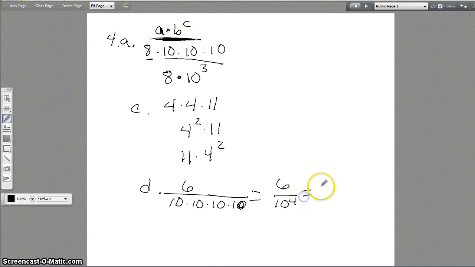Well, our a is 6, our b is 10, and remember that 1 over x is equal to x to the negative 1. Since we have 6 over 10 to the 4th, we can change that to 6 times 10 to the negative 4. 10 to the negative 4 is the same as 1 over 10 to the 4th. So that is how you work number 4, which is just like number 10 in our homework.